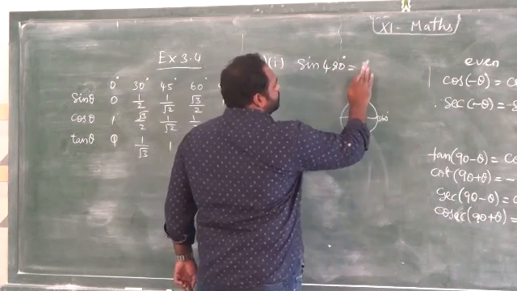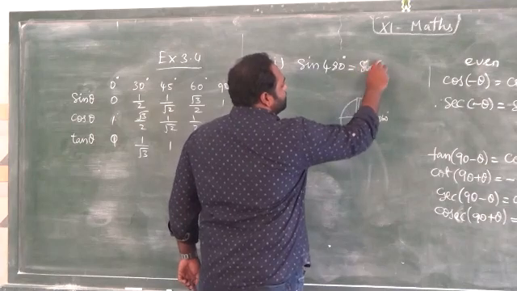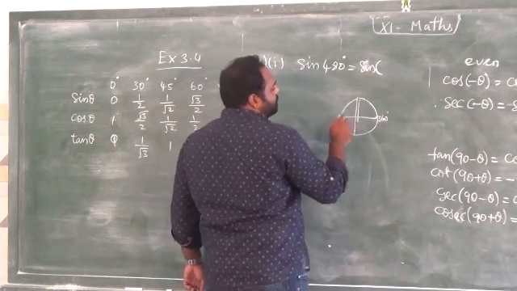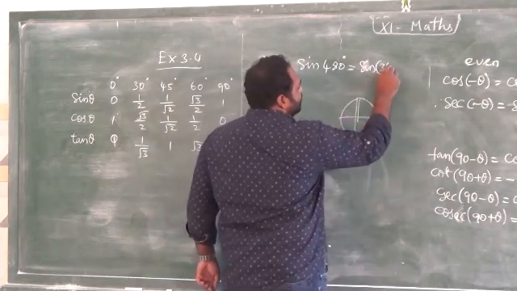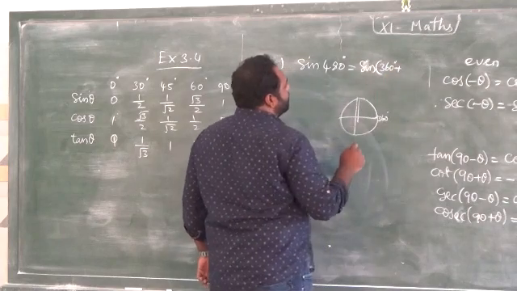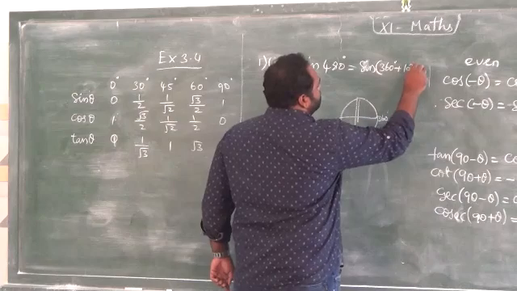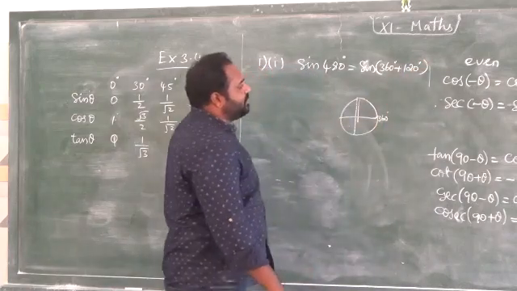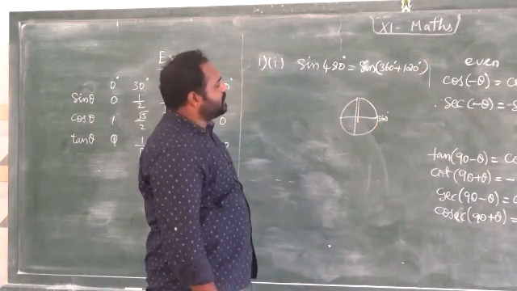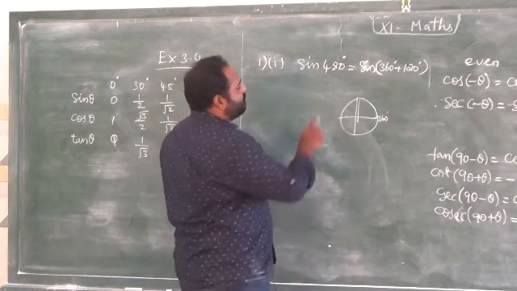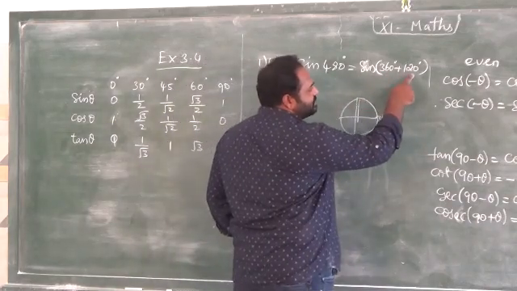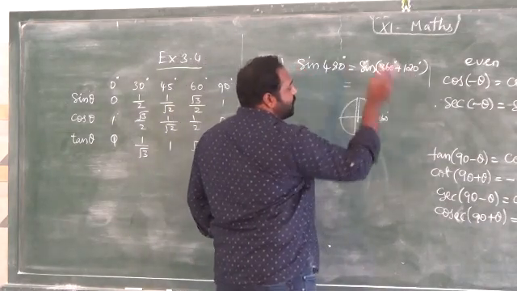So 480 can be split as 360 plus 120, no? Or 480 can be split as 360 plus 180... That's what I told you already.